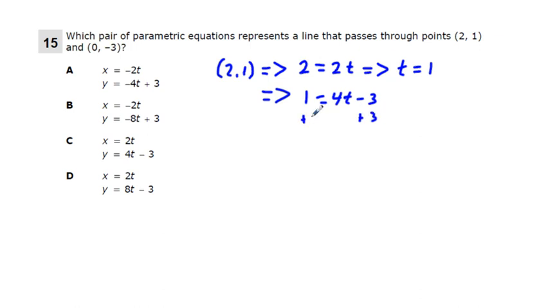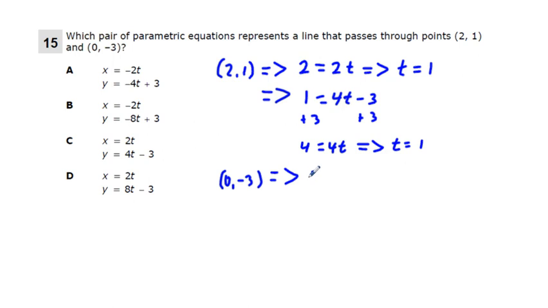And you try the same thing for 0, -3. We plug in for x is 0. Well, 0 equals 2t, and solving for t, t is equal to 0.